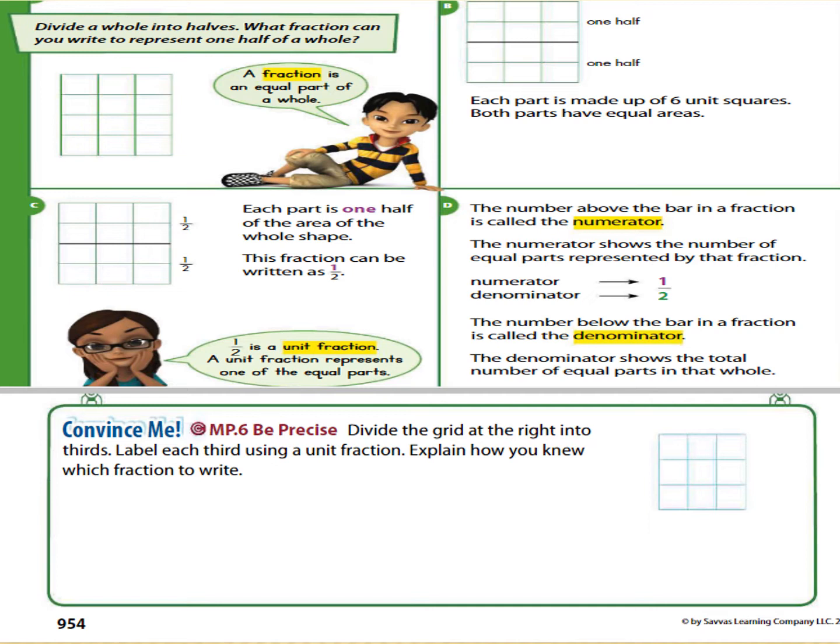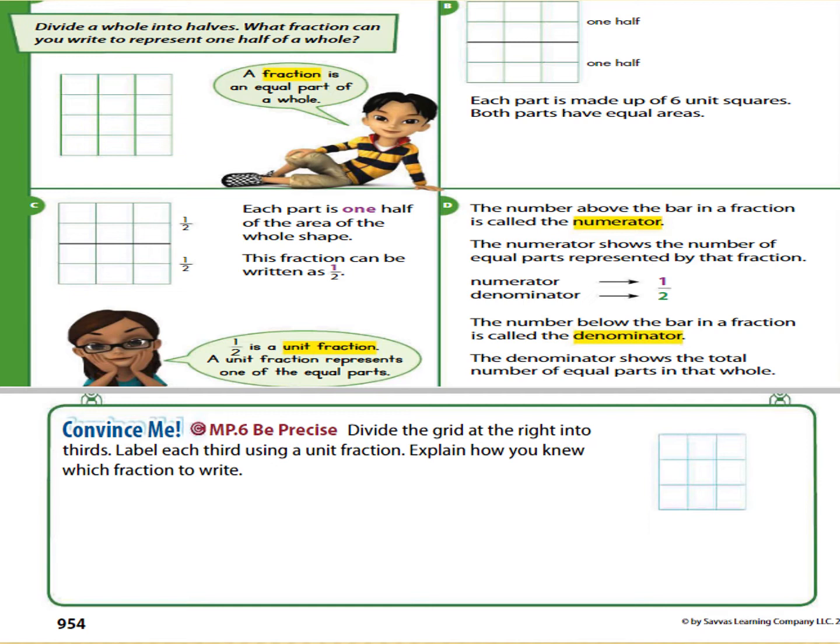Now look at the question down. Divide the grid at the right into thirds. Label each third using a unit fraction. Explain how you know which fraction to write. Listen to me. Look at the grid at the right and you will find that you have 9 unit squares.